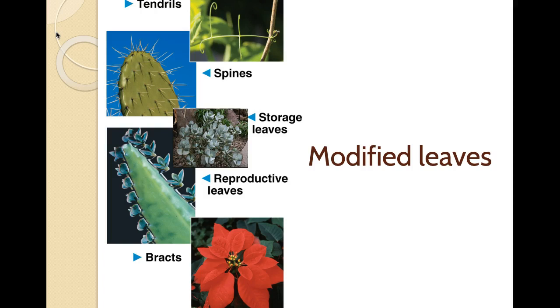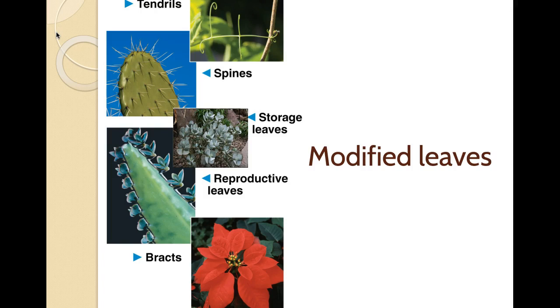So one type of modified leaf is a tendril. And tendrils are long, stringy extensions that allow the plant to grab onto things around it, whether it's for climbing, to make sure it gets more photosynthesis.